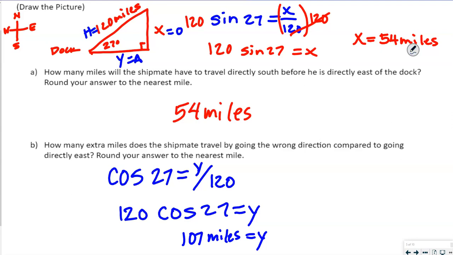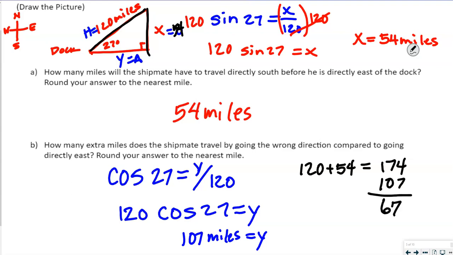The wrong direction would have been the 120 plus this 54, so 120 plus 54. That's going to be 174, and we're going to subtract from it 107. So 67 miles is how much further they went than they should have. Ooh, that's a lot of gas.